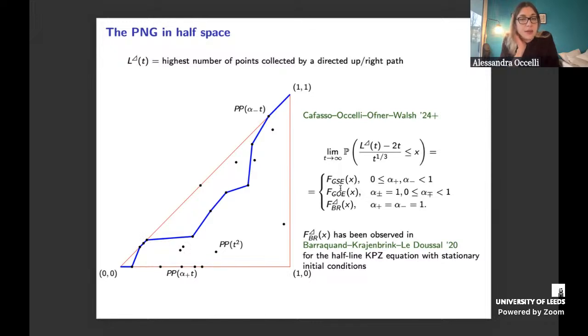So basically, when you have the KPZ equation on the half line with a reservoir with Neumann boundary condition, and starting from a Brownian configuration.